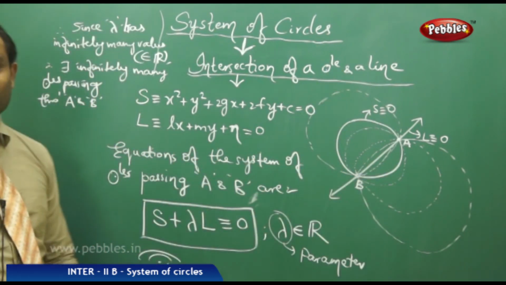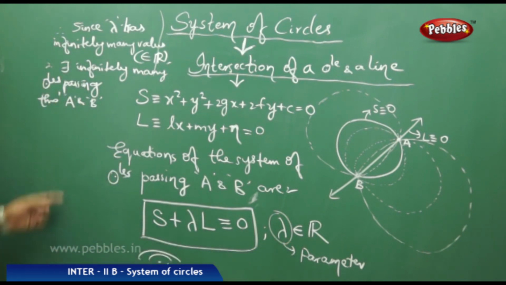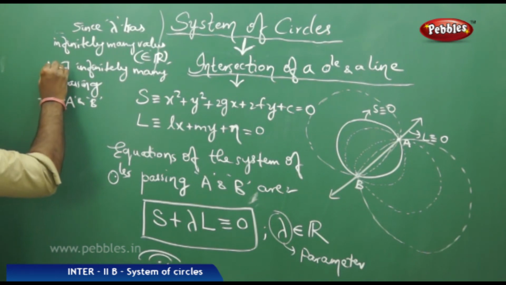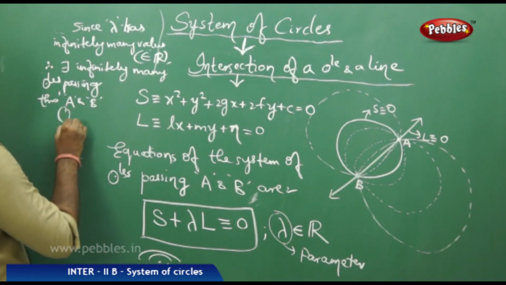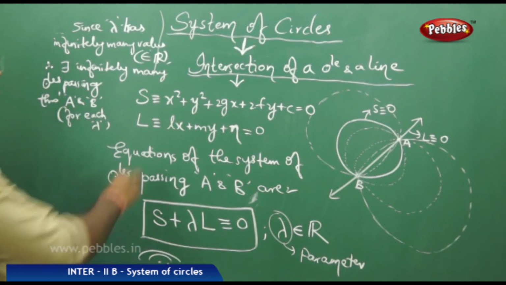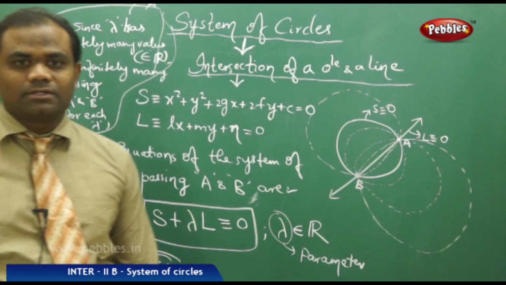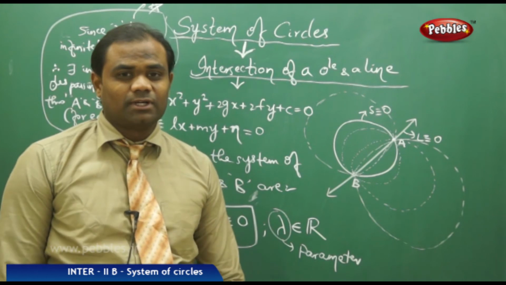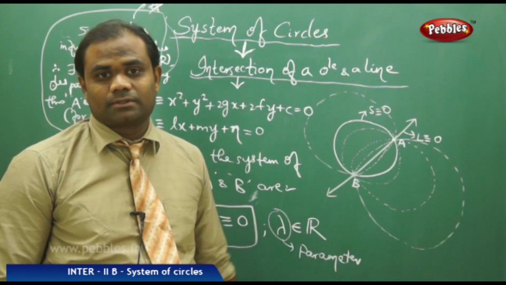So this plays a very important role in understanding the system of circles connected with the parameter lambda, which states that since lambda has infinitely many values being real numbers, therefore there exist infinitely many circles passing through A and B. For each lambda there is a respective circle, and hence we form infinitely many circles. This is how we understand the concept of system of circles connected with the parameter lambda belonging to real numbers.